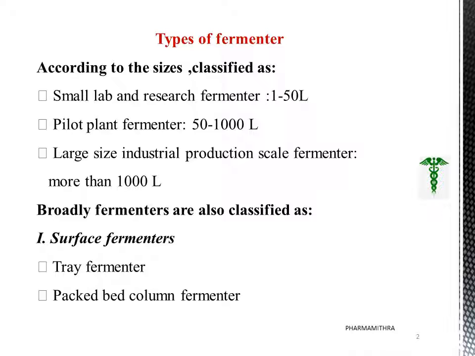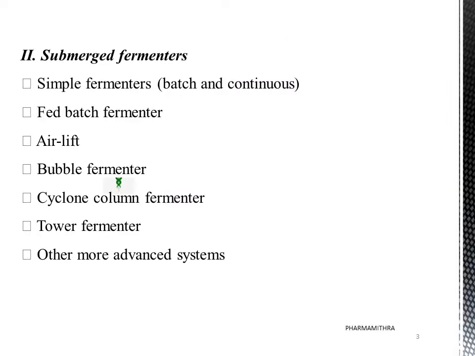For surface fermenters, examples are the tray fermenter and packed bed column fermenter. The second category is submerged fermenters. Examples are simple fermenters, either batch or continuous, fed batch fermenter, airlift fermenter, bubble fermenter, cyclone column fermenter, tower fermenter, and other more advanced systems.